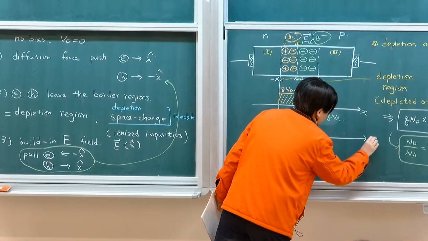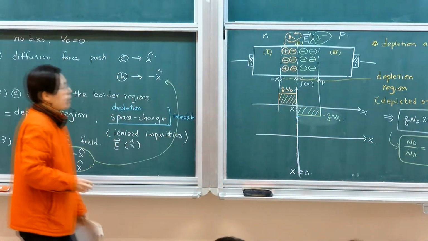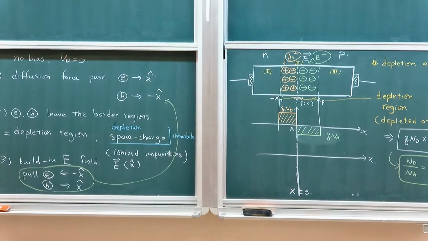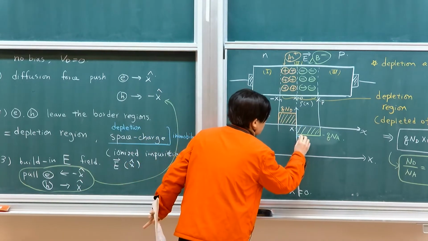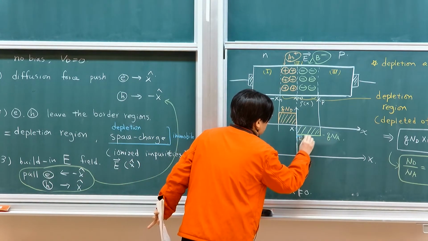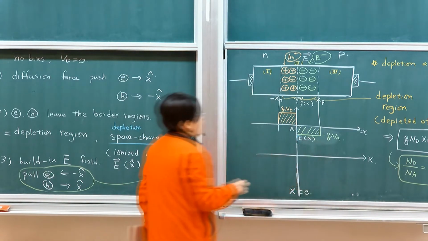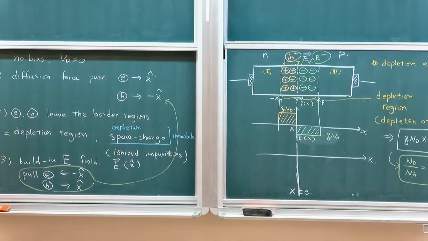If you want to understand what happened at the border, the next thing we want to draw is the electric field. This is the charge distribution. We want to draw E as a function of X. So can anyone tell me where the highest electric field happens? What do you think?